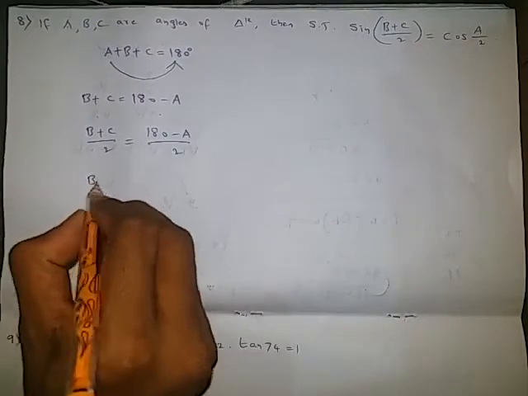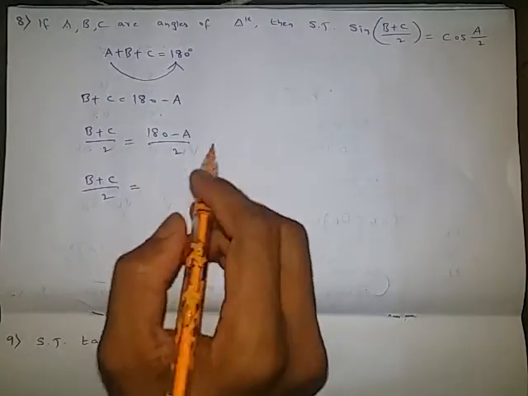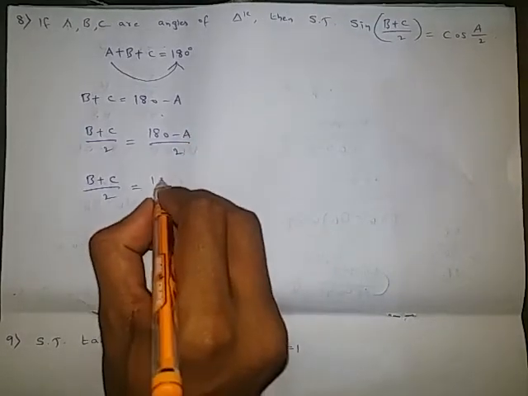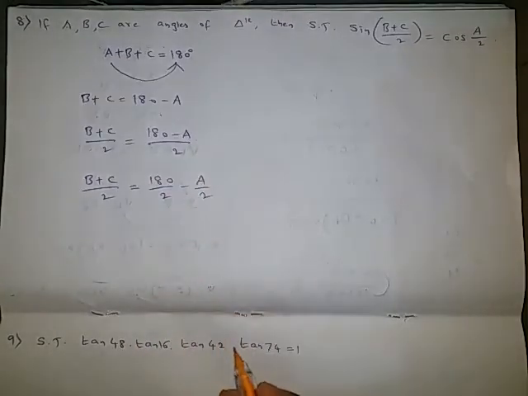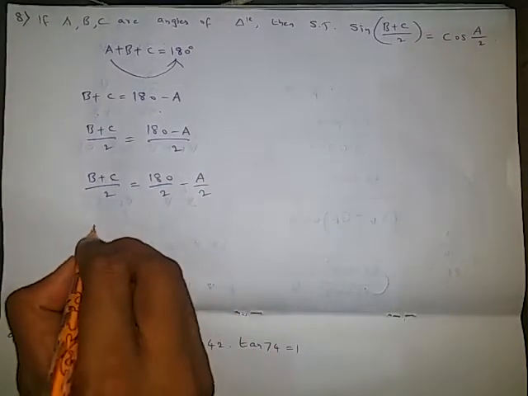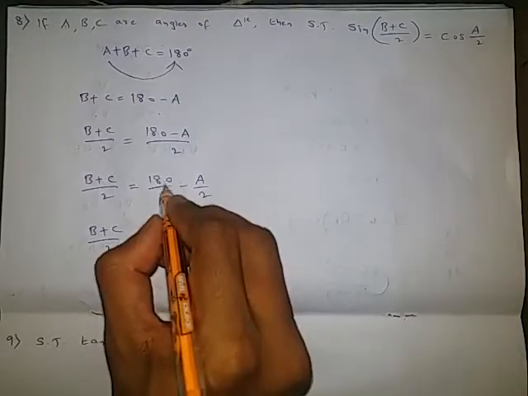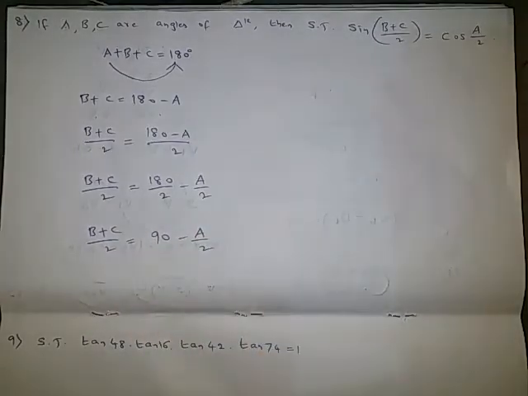Now the left side I am writing as it is, (B plus C) by 2 is equal to, and the right side I am separating. (180 minus A) divided by 2 can be written as 180 by 2 minus A by 2. The left side I will write as it is, that is (B plus C) by 2 is equal to 180 by 2, 90 minus A by 2.